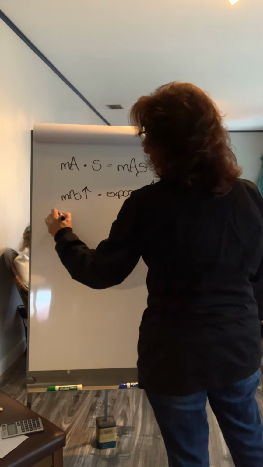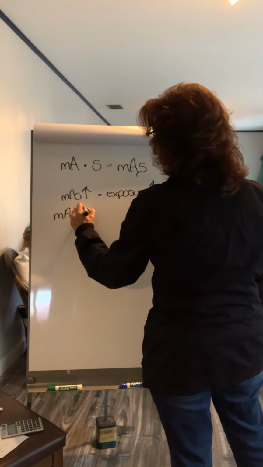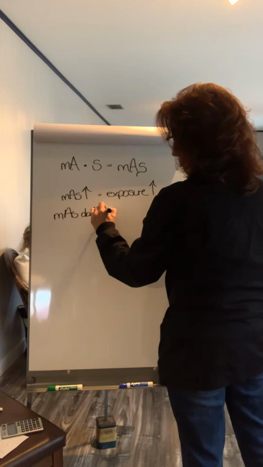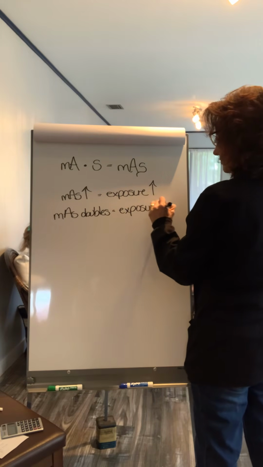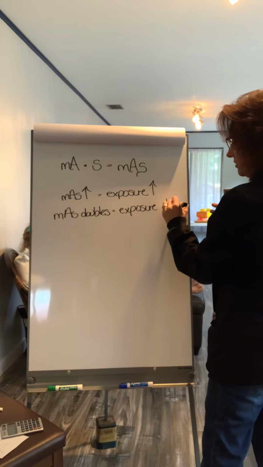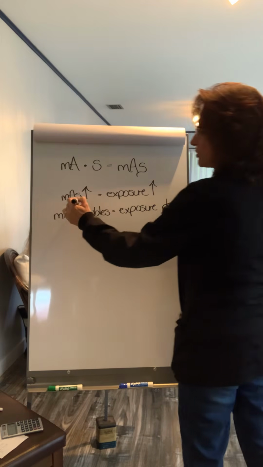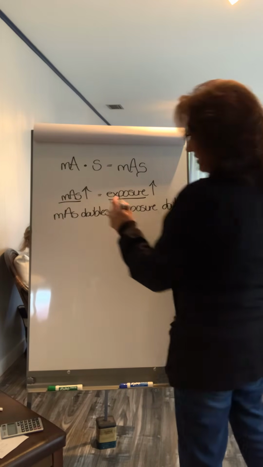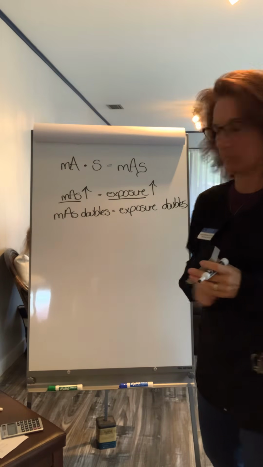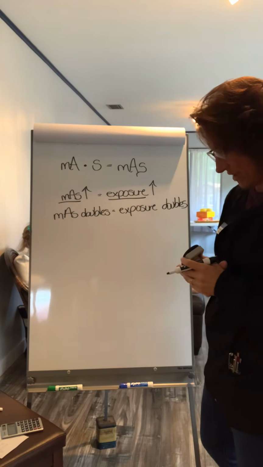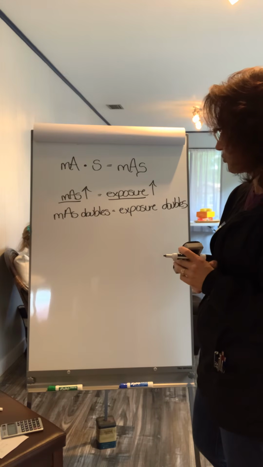If your mass doubles, then your exposure doubles. Okay? No matter what you do to one, it has the exact same effect on the other because it has a directly proportional relationship. Mass and exposure have a directly proportional relationship.